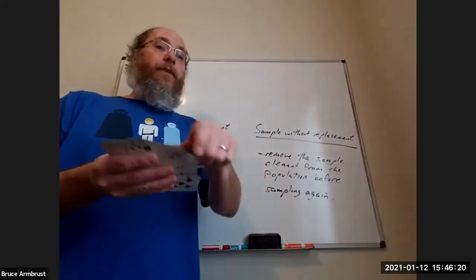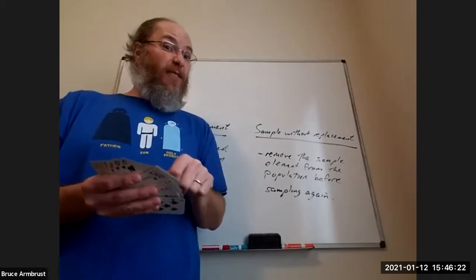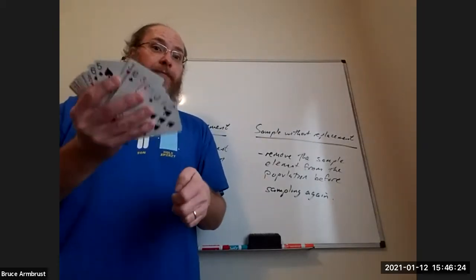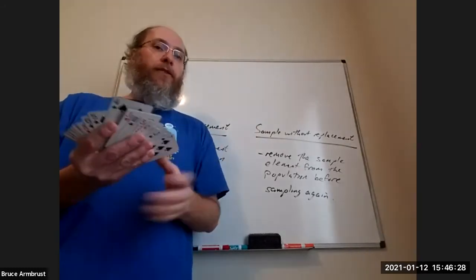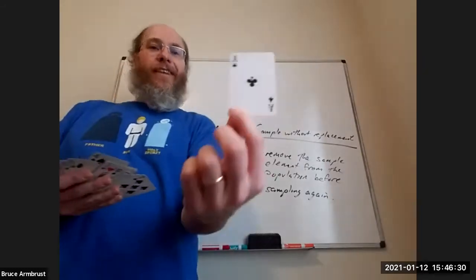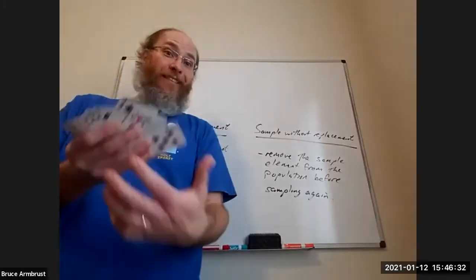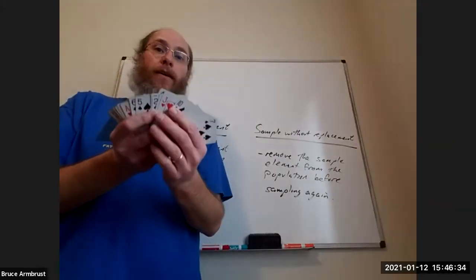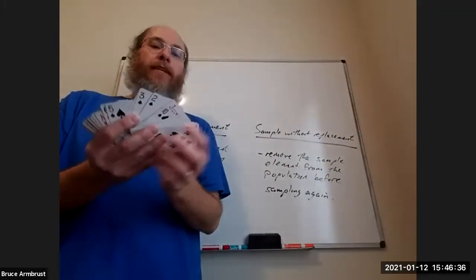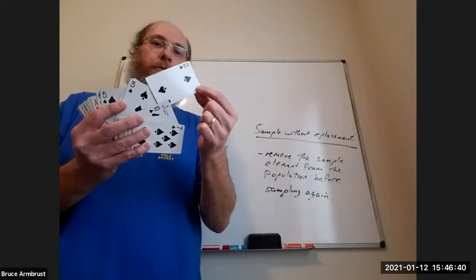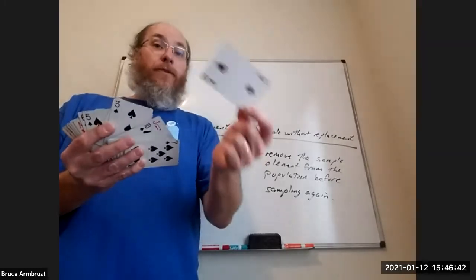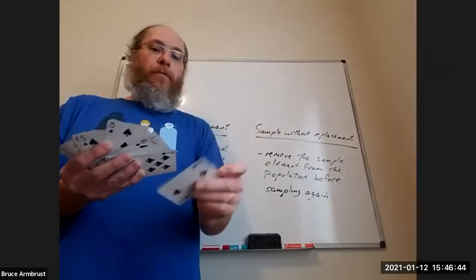Well, there were 51 other cards left, right? And so that Four of Spades lies within that 51. So in terms of getting a card different than the Ace of Clubs, I'm guaranteed, right? Because there are 51 of them in here. But the chance of getting that Four of Spades, I lost the Four of Spades, so we'll go with Two of Spades. The chance of getting Two of Spades is 1 out of 51.